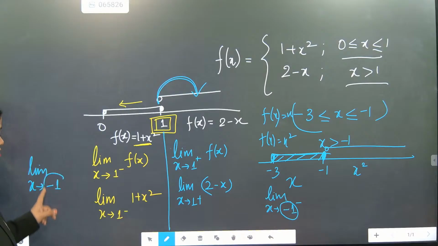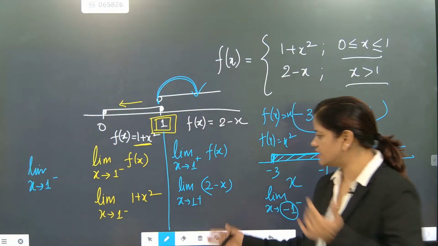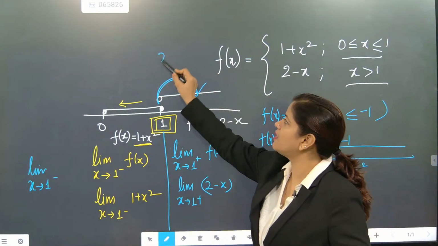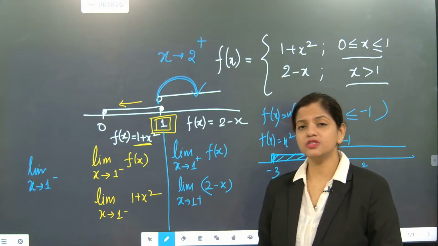This is the number. This is position, position, position. Which position? Left side. This is which position? Right side. So when you are putting a number to the power, x tends to 2 to the power plus, what is the position?